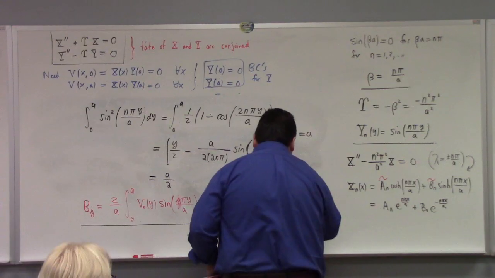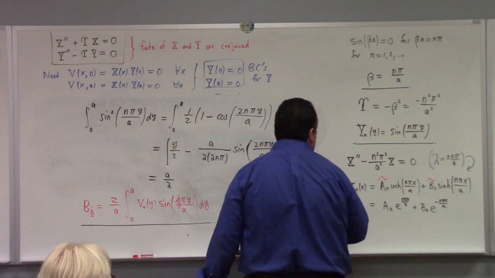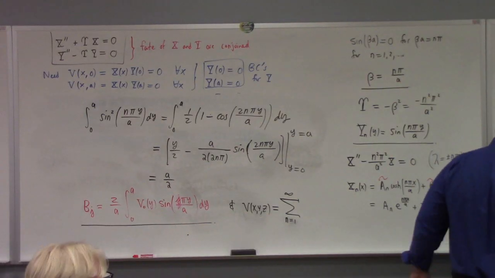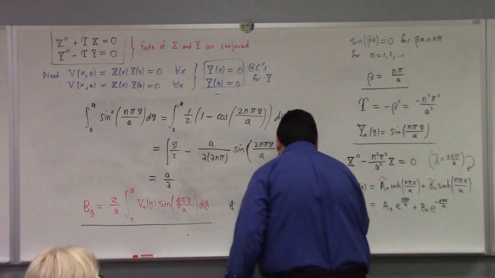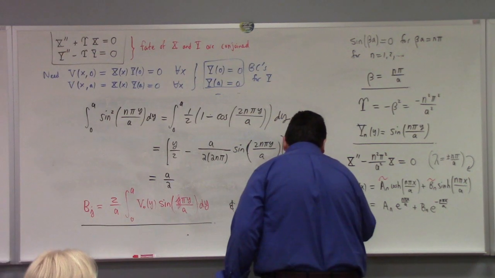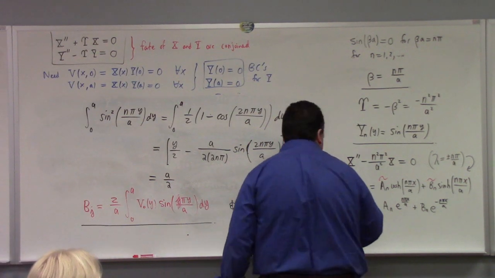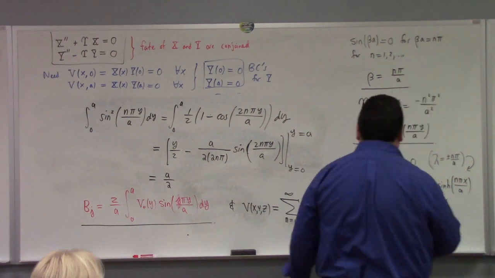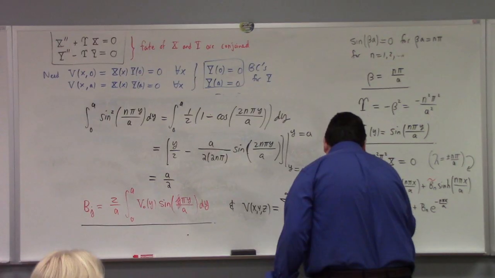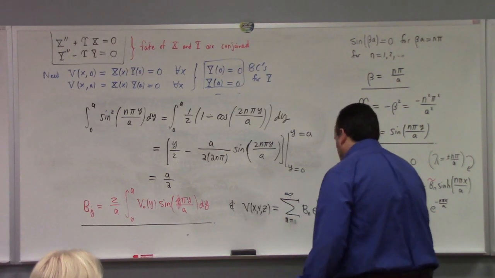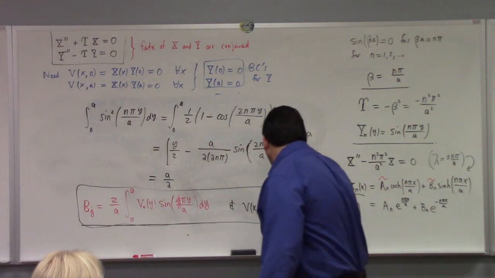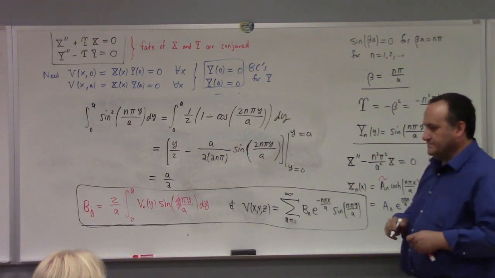N equals 1 to infinity of b sub n e to the minus n pi x over a times the sine of n pi y over a. That is the solution to this example.